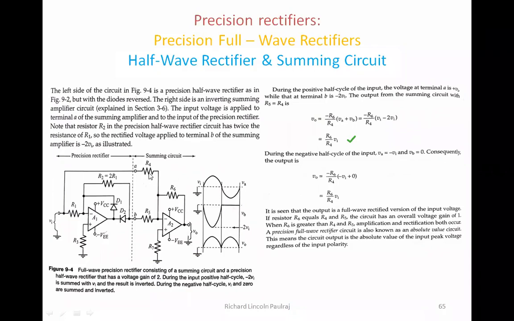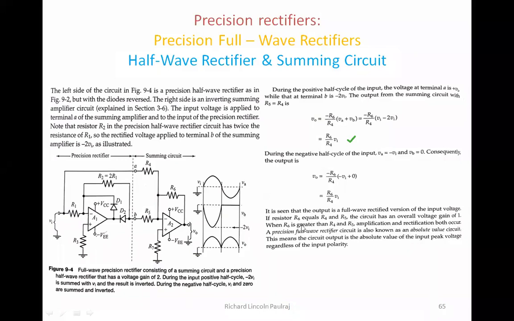Whenever R6 is greater than R4 and R5, amplification and rectification occur. Always keep in mind this feedback resistance should be a little greater. If it is greater, then only amplification happens; if it's not greater, amplification wouldn't happen. This can be for a summing circuit or for a precision circuit.